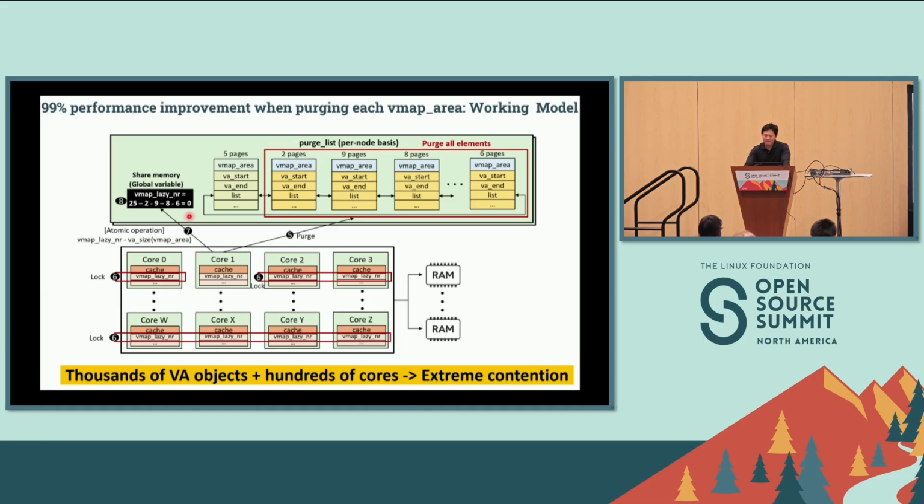But the number of atomic instructions depends on how long the list is, meaning that each CPU has to serialize the access to the same memory location. Multiply this by thousands or even tens of thousands of VA objects in the purge list, and hundreds of cores running concurrently, and you will get extreme contention.